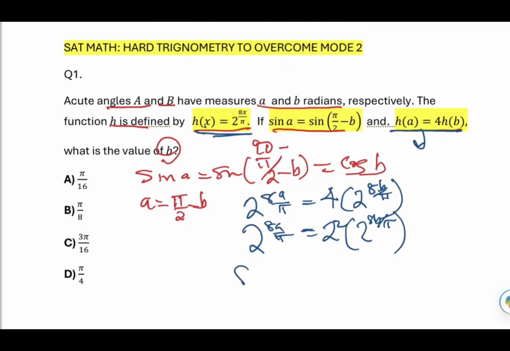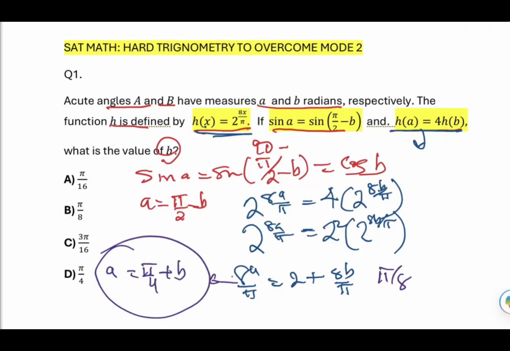The exponents basically can be equal to each other, and then you can solve it. What do you have? 8a over pi is equal to 2 plus 8b over pi. Just solve it, multiply each side by pi over 8 so that it can cancel out. If you multiply by pi over 8, you'll be left with A. This will be equal to what? Pi over 4 plus B. This is your equation.